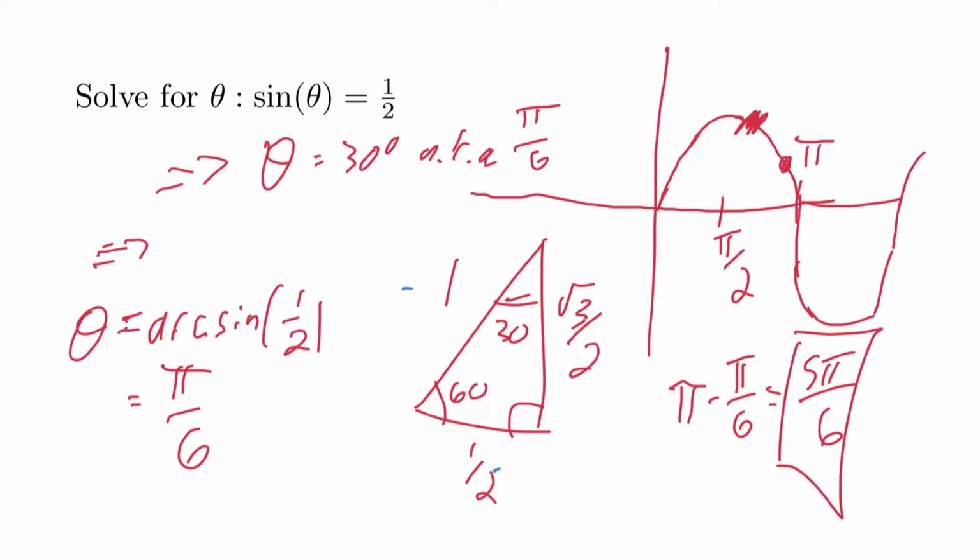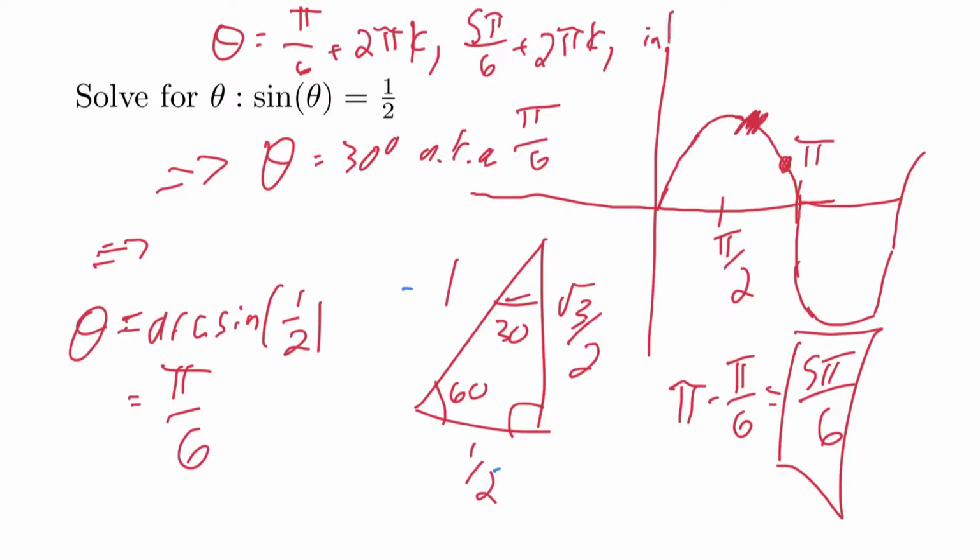So if I want it to be totally complete, I could say that theta is equal to pi over 6 plus 2 pi k for an integer k, or 5 pi over 6 plus 2 pi k for an integer k. So this takes account of the periodicity of the sine function.